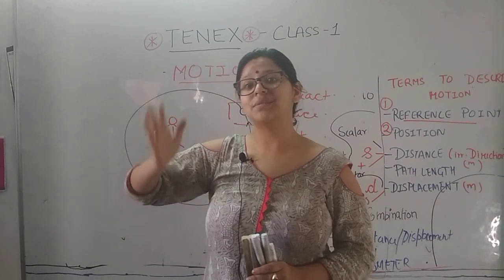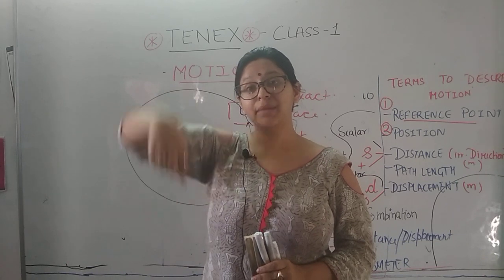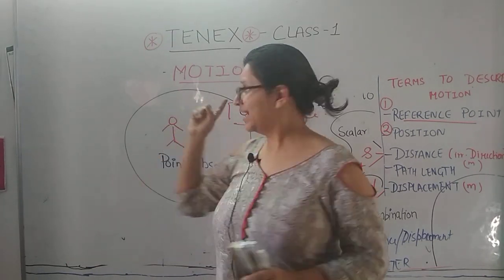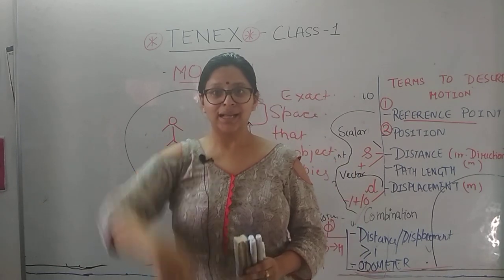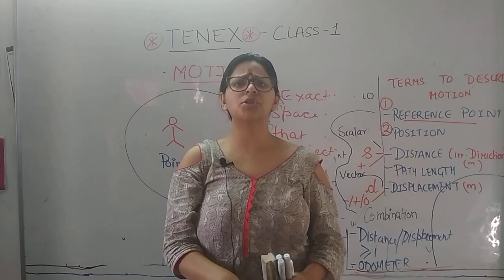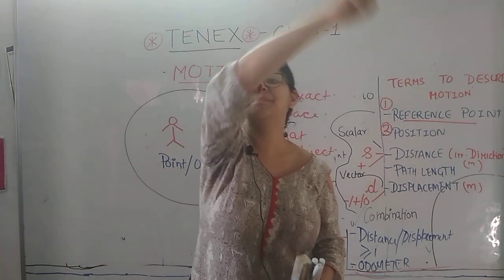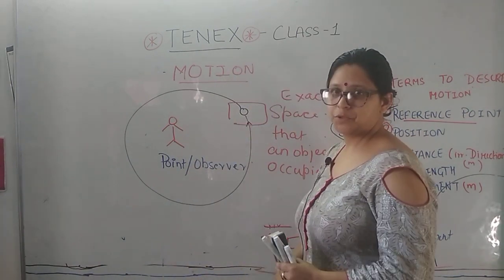In Express Zenith, I am staying in so and so apartment, and I am in this room standing in front of the board. That is my exact position that I am occupying in this entire space. So this is referred to as the position, okay guys.